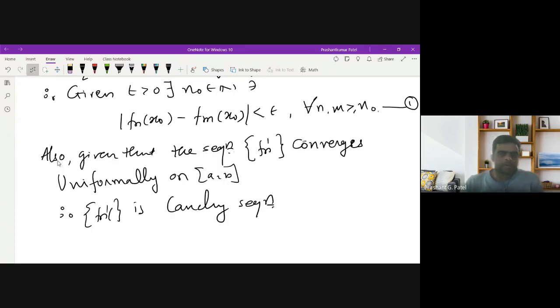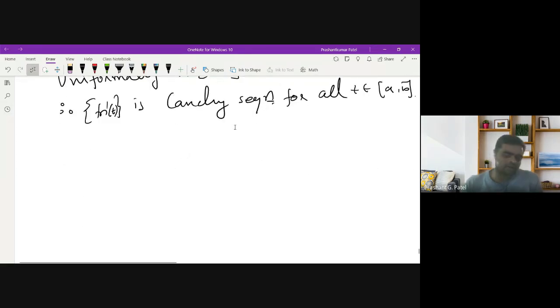So in particular, f_n' is a Cauchy sequence for all t belonging to the domain [a, b]. So with the same epsilon, we will have another n0, and you can make it so that n0 is larger than the earlier n0.